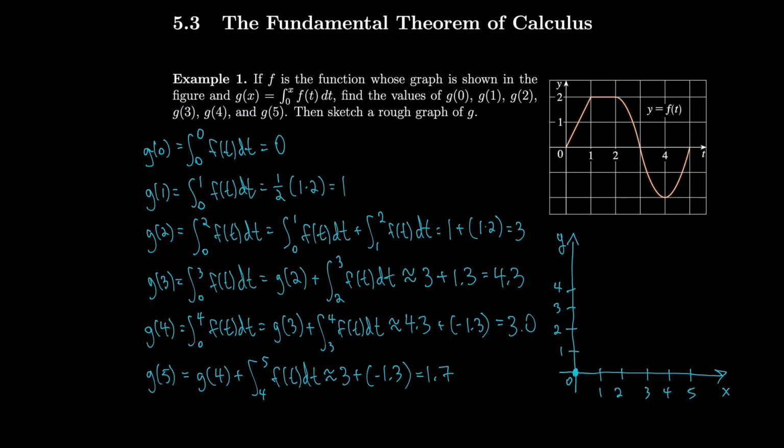Then g of 1 equals 1. Then g of 2 equals 3. G of 3 was about 4.3, so we did have to go a little bit past 4. And then we went back down to 3. And then g of 5 was about 1.7. So we get a nice curve like this.